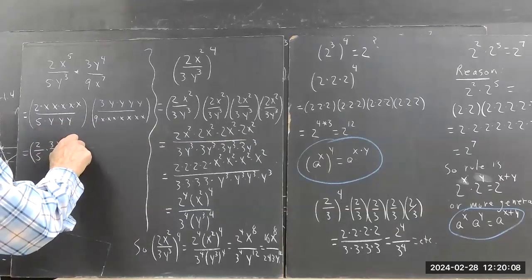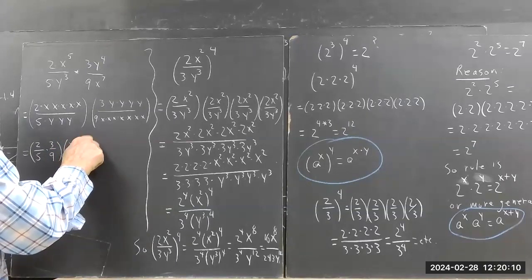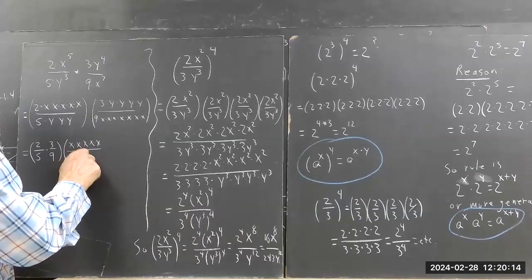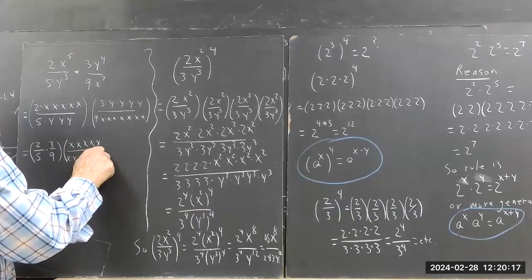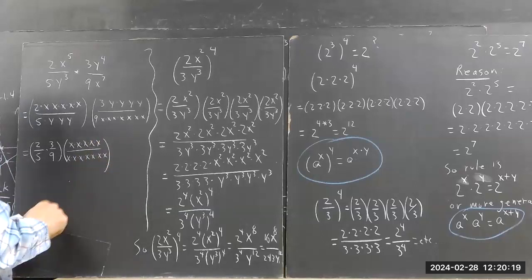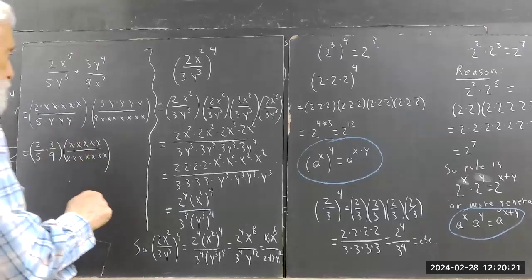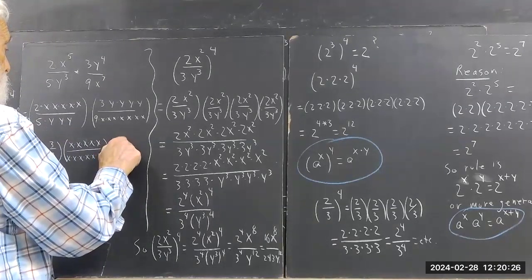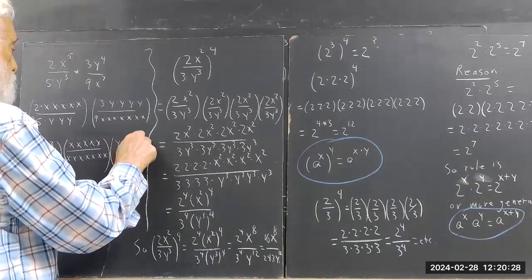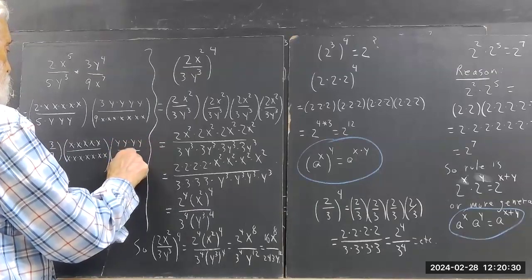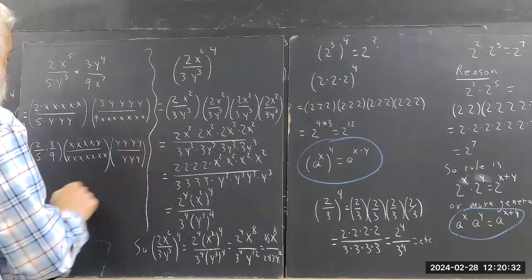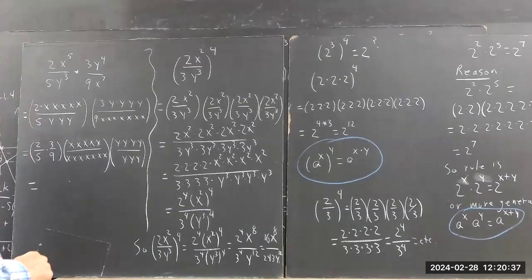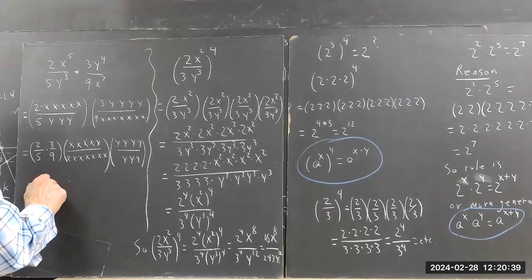Okay. Then I want to write my x. I've got 5 of them up here, 7 up and down here. Then I can write out my y terms. Okay, now if I multiply these fractions, I end up with 2 over 15.